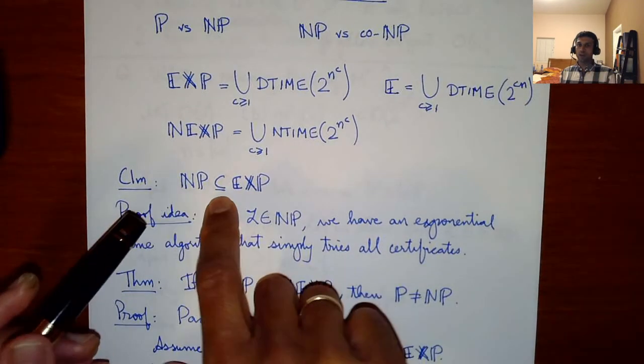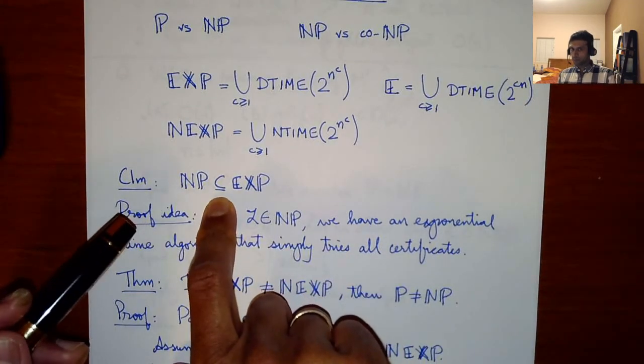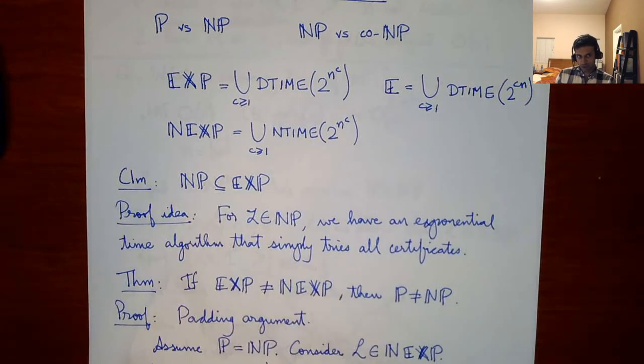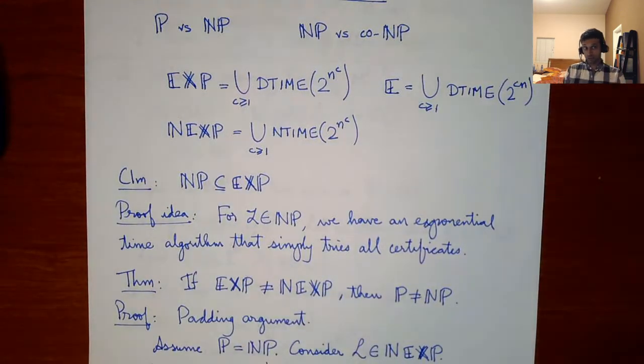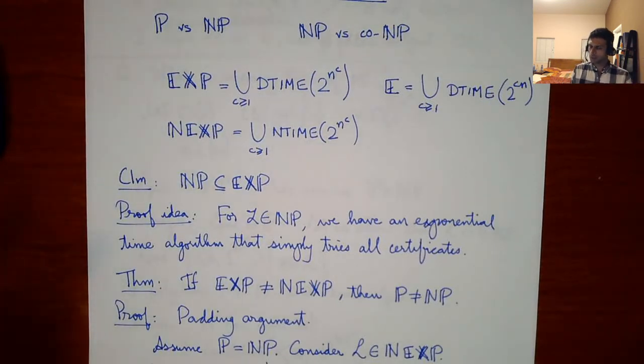This inequality is not going to hold anymore, because the certificate size is polynomial. So the certificate size is n to the c, and all possible certificates is 2 to the n to the c, not 2 to the cn. Does that make sense?